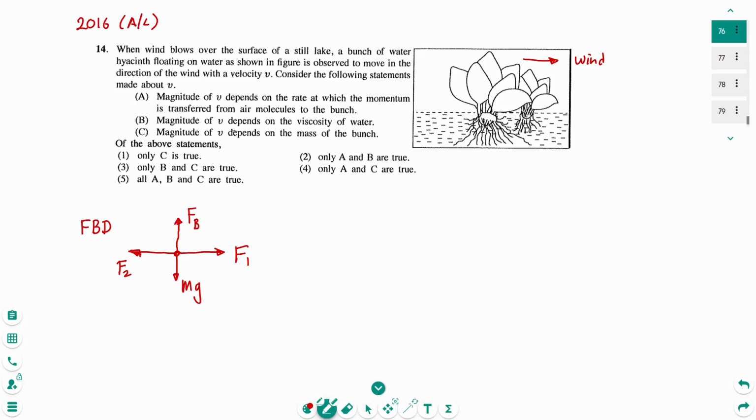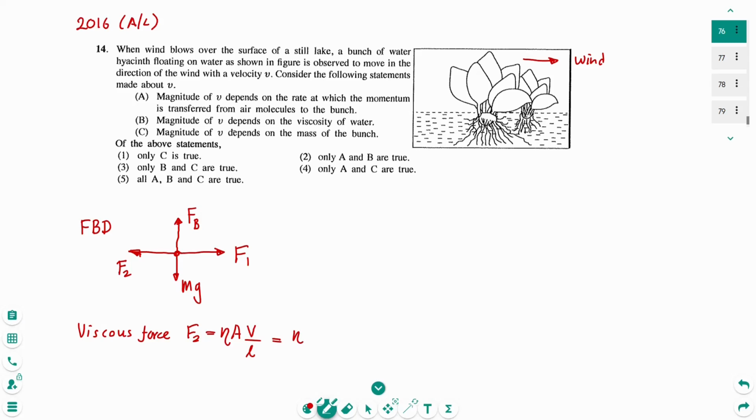So the viscous force, we can write that in terms of viscosity of water. F2 you should know the expression: coefficient of viscosity, the surface area times the velocity gradient. I'll write that as V over L. But here I'll bunch all the stuff excluding V as one constant.